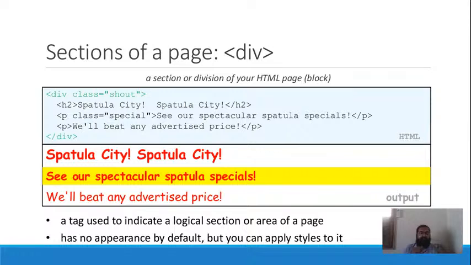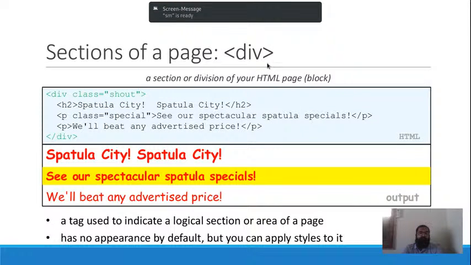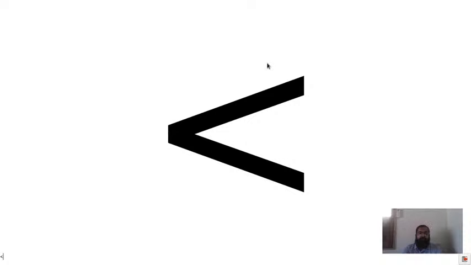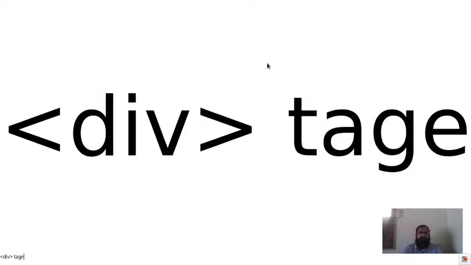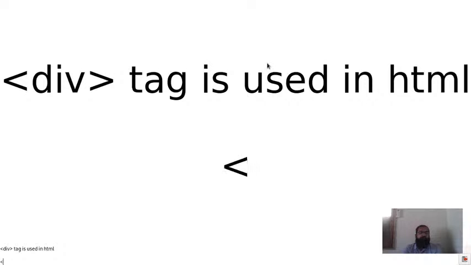Okay, so far we have learned different tags. So here, this one is a div tag, and a div tag is used in HTML. Okay, div is used like this.